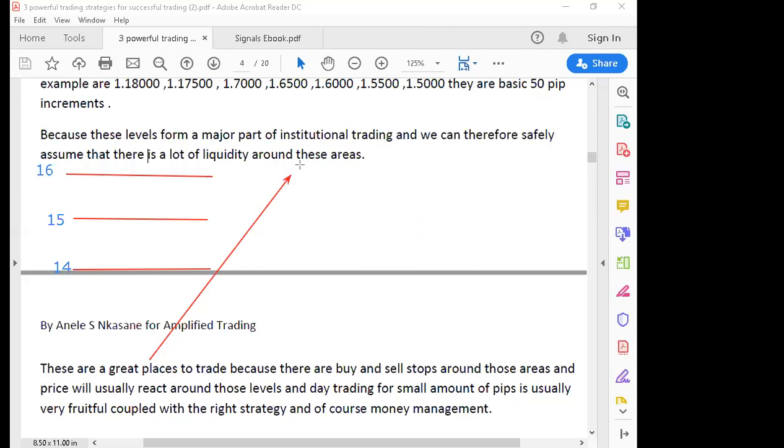Now, every time it rises, let's say to around 16 or 17 Rand, we know it's a bit overpriced and it will come back to its base, which is around 14 Rand and 15 Rand. Okay.